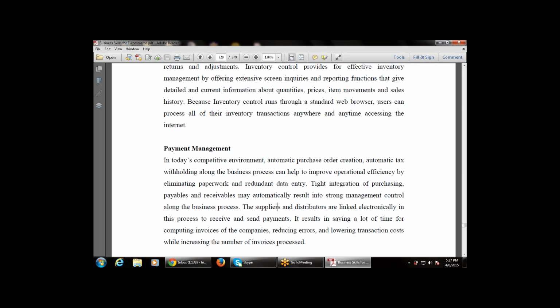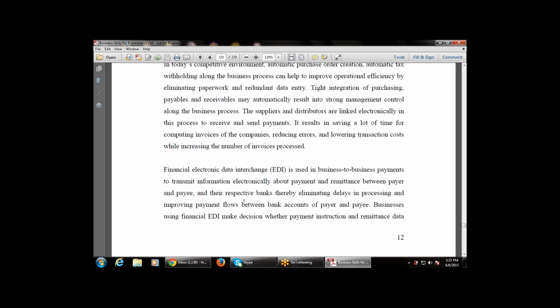That saves a lot of time in computing the invoices of the company, reduces errors and lowers the transaction cost, while increasing the number of invoices processed. That comes under payment management.